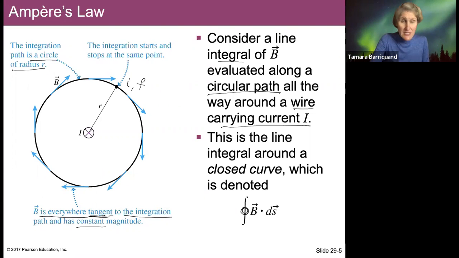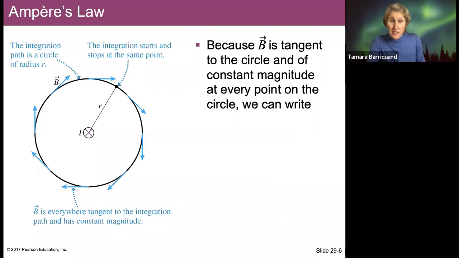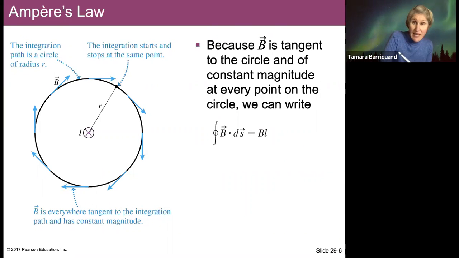Now in this case, as we saw, B is tangent to the circle and is of constant magnitude at every point on the circle. And we saw that when it is completely tangent to the circle, the integral of B dot ds will just give us B times L. Well, L is the length that we're traveling on our path, the length from point I to point F. And if we go all the way around a circle, L is just 2 pi r.